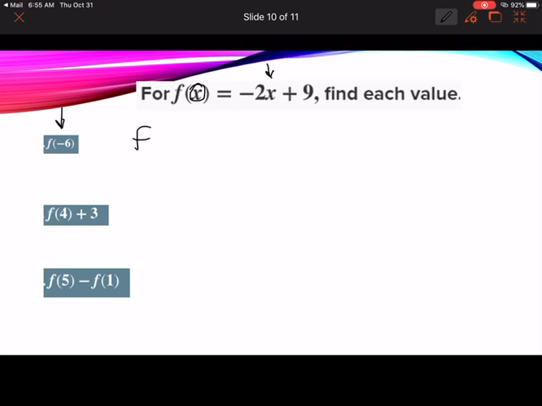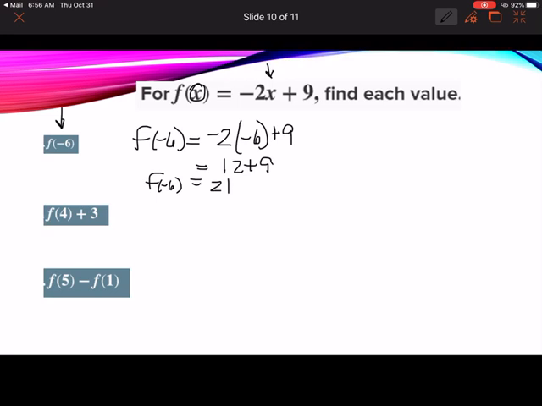So f of negative 6, I'm going to substitute negative 2 times negative 6 plus 9. And that's it. I'm just going to solve. So negative 2 times negative 6 is 12 plus 9 equals 21. So f of negative 6 equals 21.